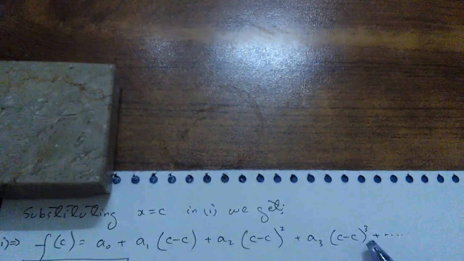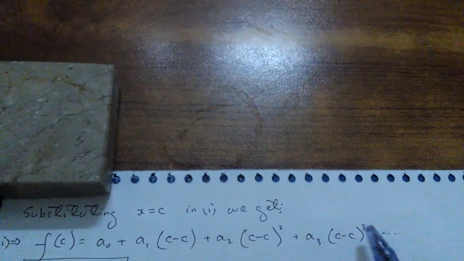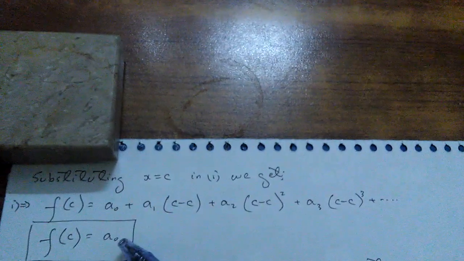Wherever I have my x, I replace it with c, and that's how I got this. All the terms other than this one become 0, so they vanish. So my f of c is equal to a naught.